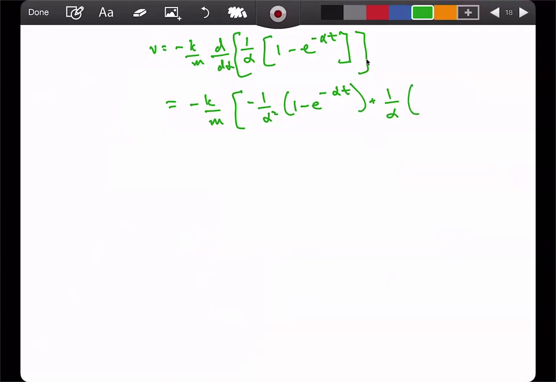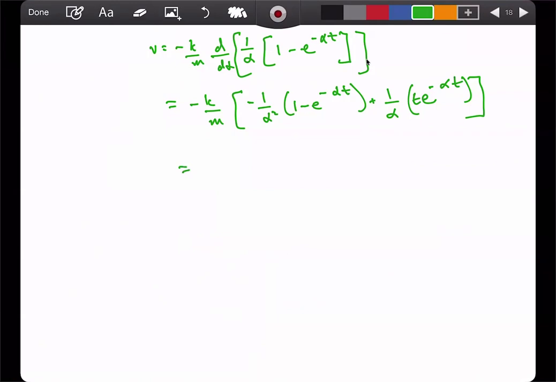The derivative of 1 with respect to alpha is 0. And then I'm going to get the derivative of this guy. So I'm going to get a what? e to the minus alpha t all times t, because the derivative of the exponent with respect to alpha is a negative t, right? And then that negative is going to cancel out the front guy.